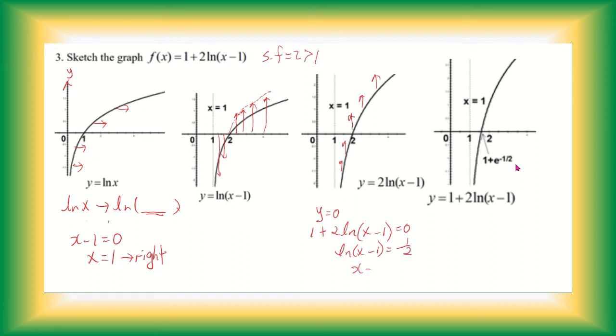So x minus 1 is equal to exponential of negative 1 over 2, because we shift the ln to the right hand side and it becomes exponential. So x is equal to 1 plus e to the power of negative 1 over 2. Now we label the new x-intercept as 1 plus e to the power of negative 1 over 2. Then shifting upward does not give effects on the vertical asymptote. So finally, that is the curve.